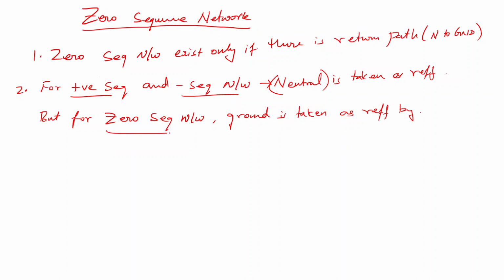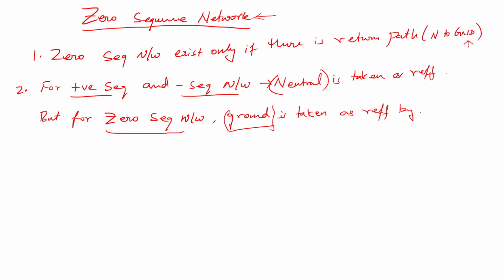But zero sequence exists only when it is connected to earth or ground. Since it is connected to ground, ground is obviously present in zero sequence, so I can straight away take ground as my reference for zero sequence. These are the two important observations you need to understand while drawing the zero sequence network.